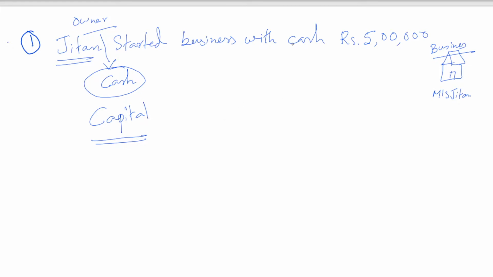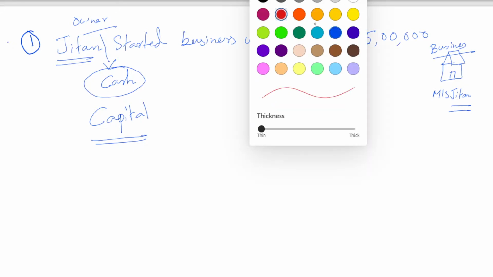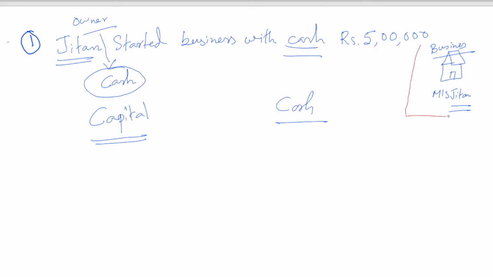Okay, and another component is what? Cash. So we have got two components, one is cash, one is capital. So for whom we are actually preparing accounts, we have to always understand that we are preparing accounts for the business. Okay, whenever you will be preparing, do not think about the owner. Okay, do not think about the man who is running the business. Okay, think about the business.